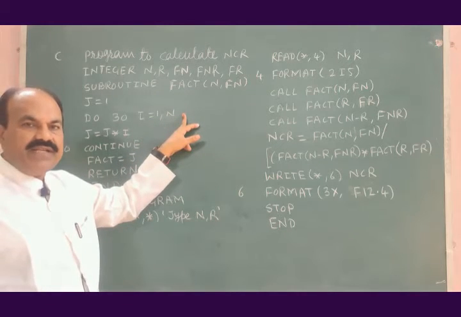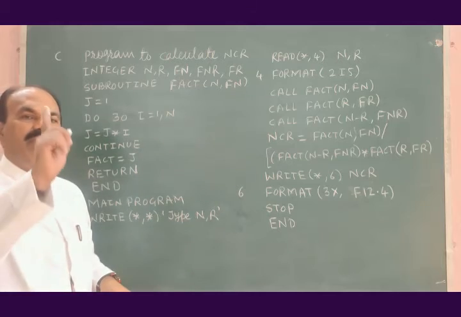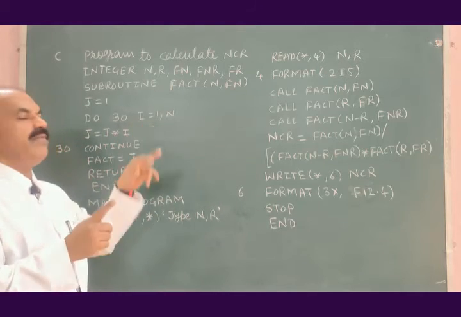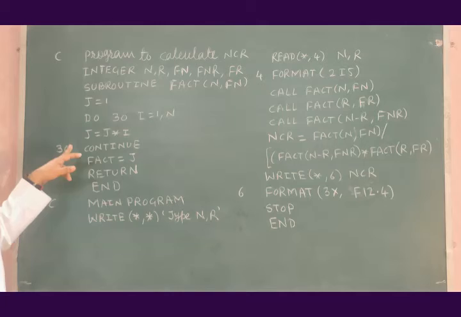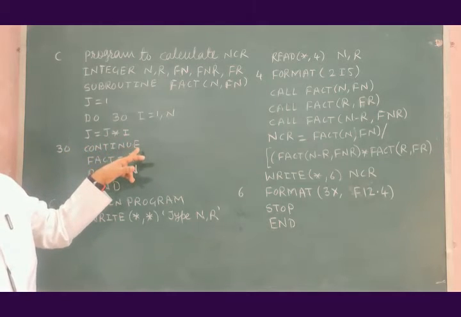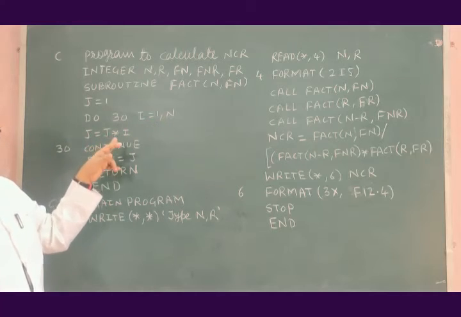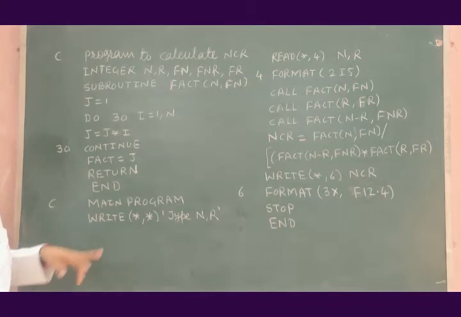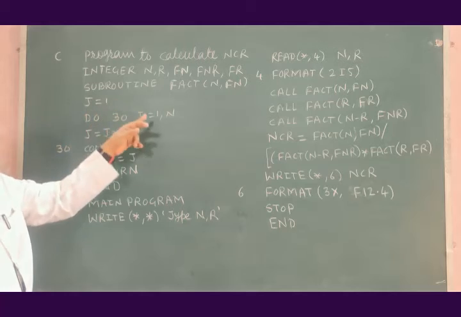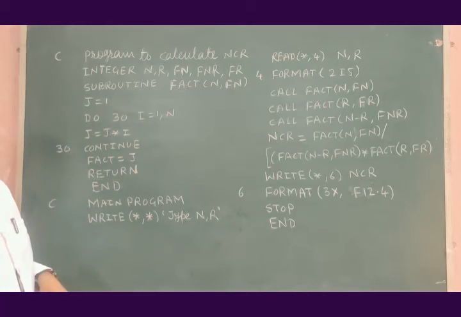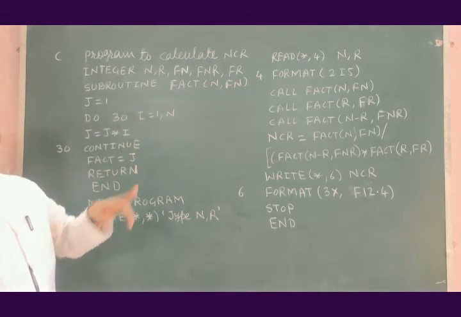Increment is omitted, so its default value will be 1. Every time I will be incremented by 1. j is equal to j into I. To get factorial of n, the formula written is j is equal to j into I. Continue. This loop will be continued till I exceeds n.